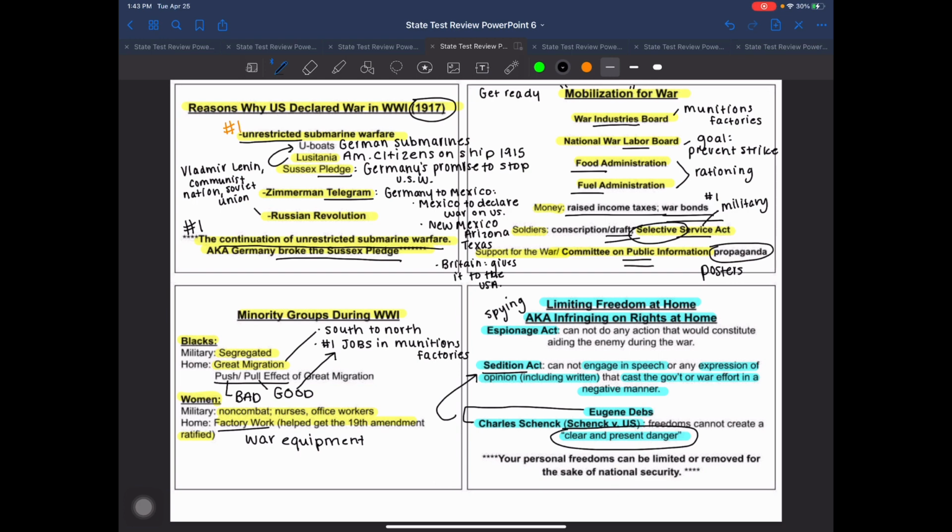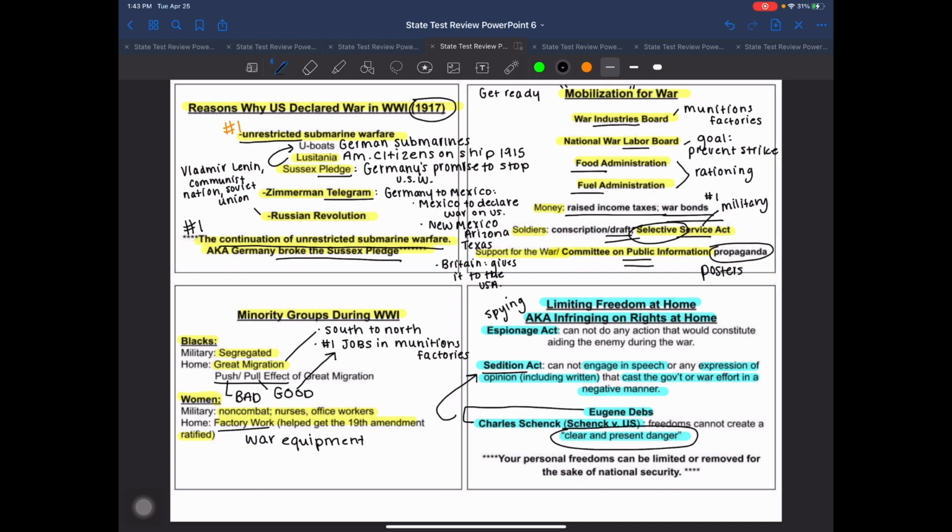You cannot yell bomb on an airplane and then when they're slapping handcuffs on you say, oh, you can't do this. I've got the freedom of speech. You're going to cause widespread panic on a plane that's at a few thousand feet in the air. It's probably going to end badly for not just you, but in the chaos for everybody involved. You created a clear and present danger with your speech.